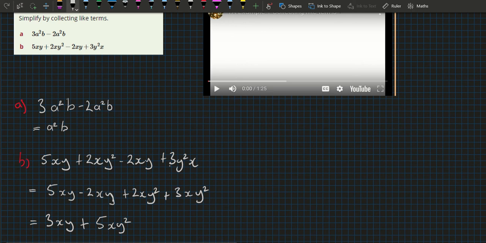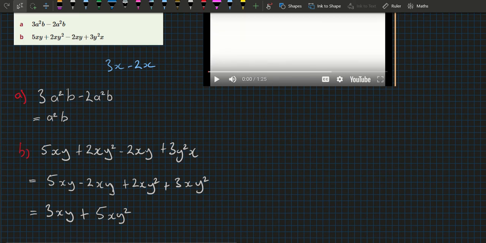So the a squared and b are like terms. So this a squared times b could be another x itself. You would know that if I had said, for example, 3x minus 2x, that equals x, right? So if I considered a squared times b equals x, that's the case there.